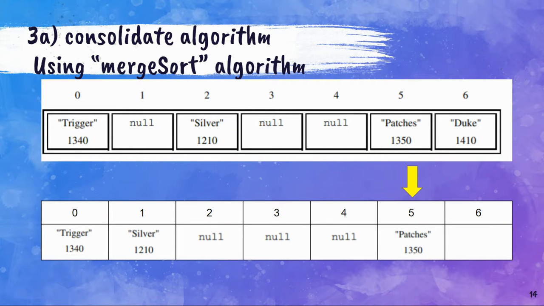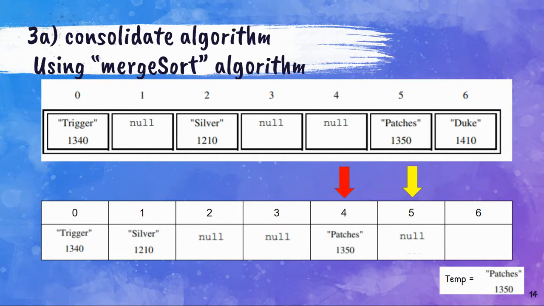So I've got a series of nulls in a row that I want to move patches through. So similar to what we did with silver, I'm going to put patches in a temp for the time being. I'm going to move back 1 and look, is that one null? Yeah, that one's null. Okay, so put patches in the one prior. Now patches is in 2, and then get rid of the one that I was just in.